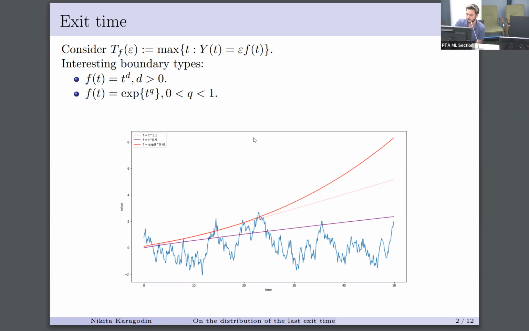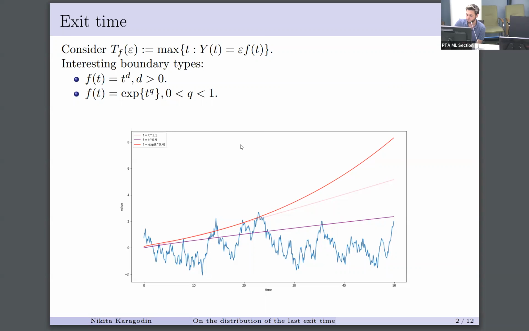Then we consider the following question. We take some shape of the boundary. Basically, we're interested in two types of shapes: an exponential one, like exponential of t to the power q, where q is from 0 to 1, and a polynomial one, like t to some power d, where d is greater than 0. We introduce a scaling parameter epsilon and consider a boundary epsilon times f of t.